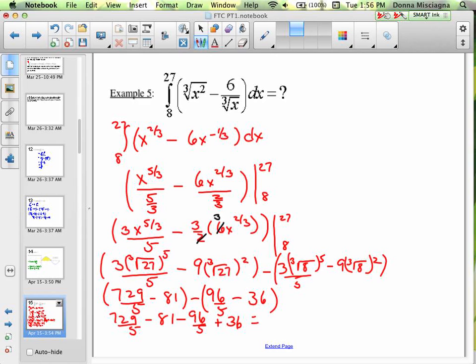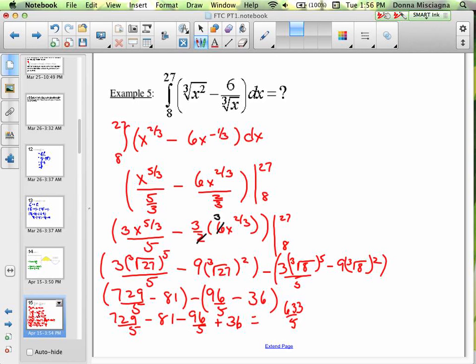So I just distributed the negatives. 729 fifths minus 96 fifths is going to be 633 fifths. And then we have negative 81 plus positive 36, so that's going to be negative 45.